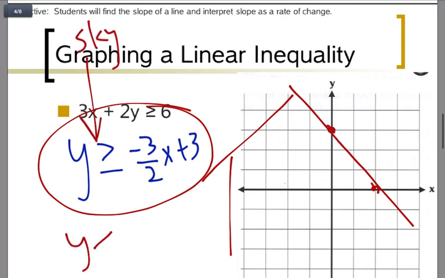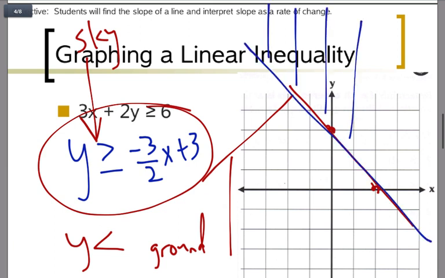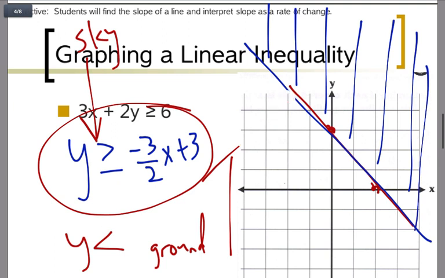If y is less than, it means it's coming from the ground. Visualizing our house there and our line continuing on, it's raining. In other words, I shade on top. So the actual graph doesn't include this other little house part, it's just the line with the shading on top.